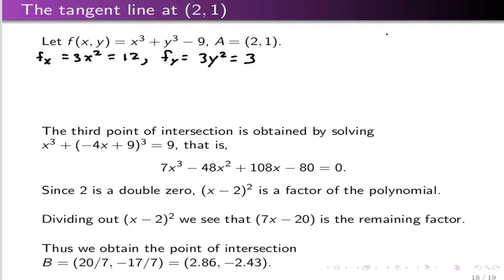So the slope of the tangent line is minus F_x over F_y, which would be minus 4. And so our point-slope form, y minus y1 is slope times x minus 2.